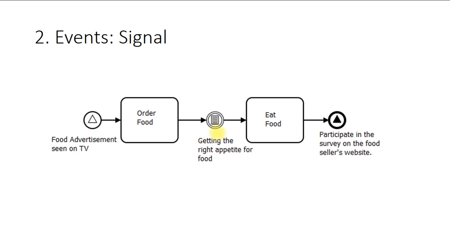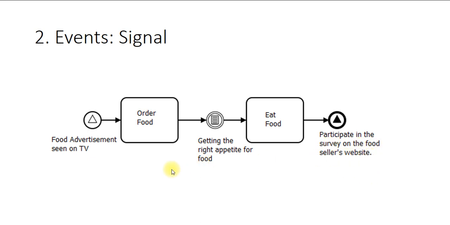When that conditional event is satisfied, we proceed to the next task, which is eat food, and then we get on to the signal event, which is an end event: participate in the survey on the food seller's website.